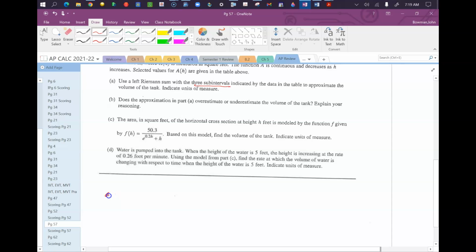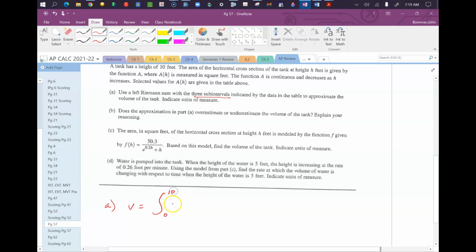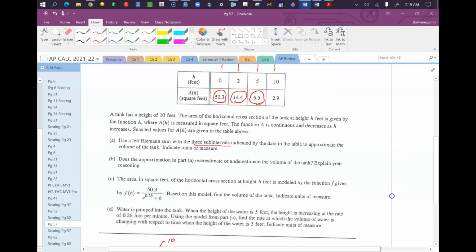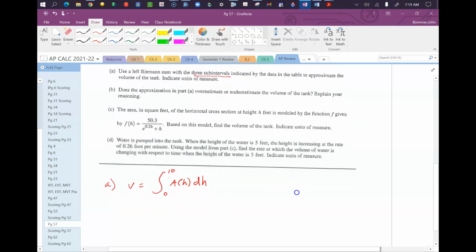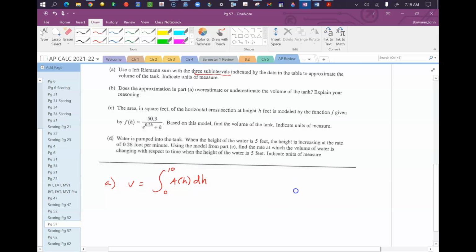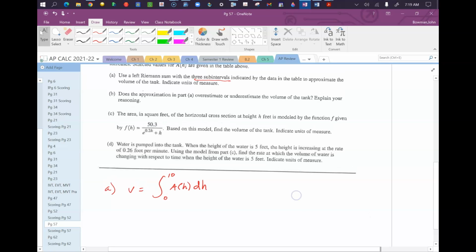The volume of the tank would be equal to the integral from 0 to 10 of a of h dh. Okay, integrate the area of the cross section over the interval that we have. So that is approximated by that Riemann sum.